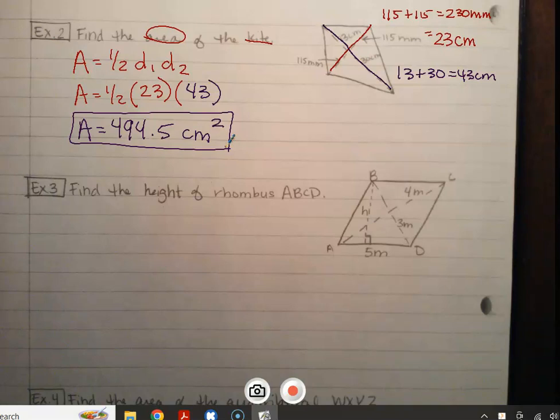All right, let's look at example 3. Find the height of rhombus ABCD. Now, time out. That's a little different. Find the height of the rhombus. Well, intriguing. We have the dimensions of the diagonals, so we could find the area.